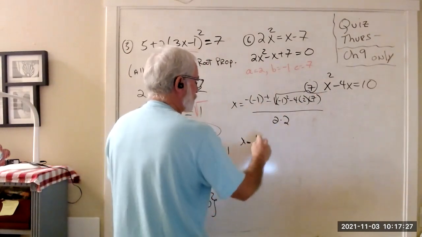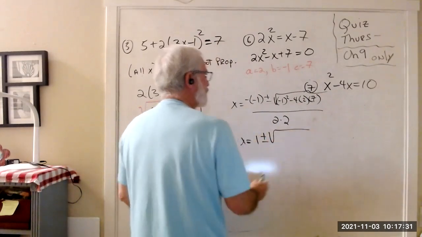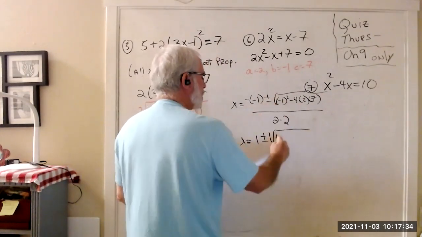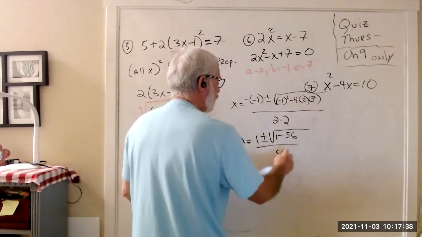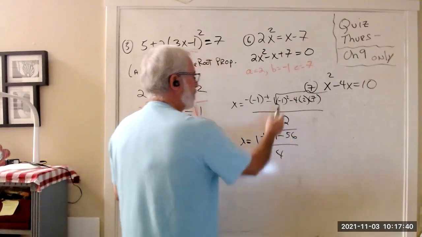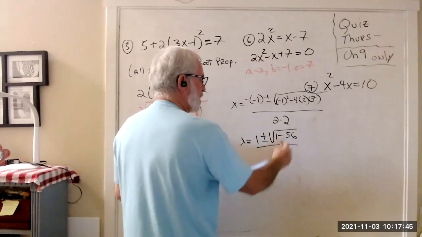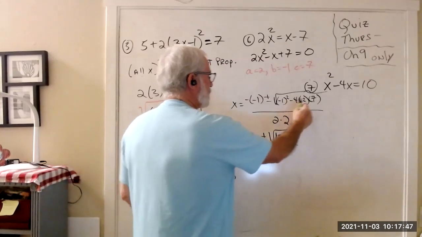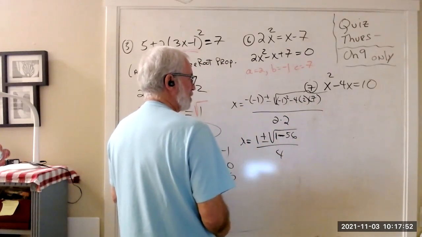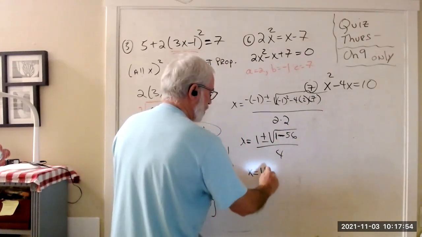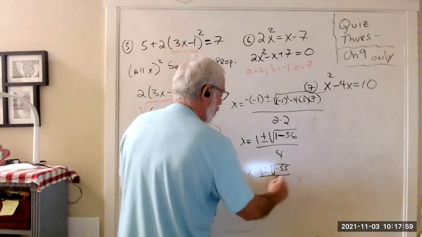So X equals 1 plus or minus, this is going to be 1 minus 56, all over 4. -1 squared is +1. Minus 4 times 2 times 7 is 56. So X is 1 plus or minus the square root of -55 over 4.